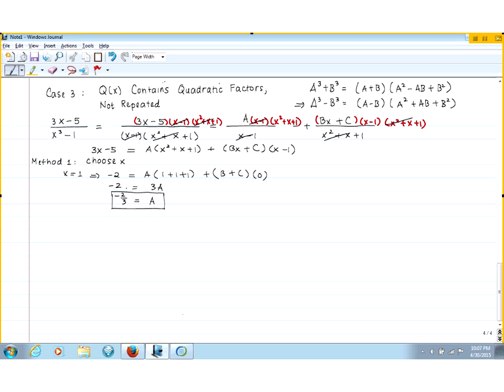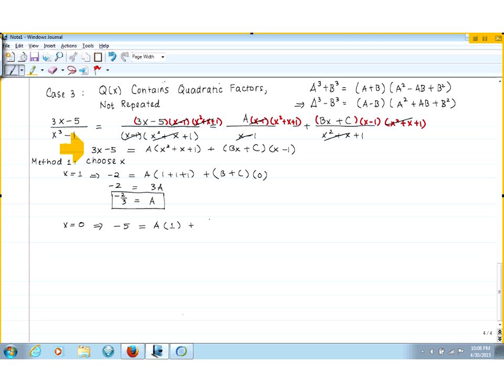Now, what about the b and c? If you want to stick with method 1, even though it doesn't make it 0, you could just find any other numbers. So maybe choose two more numbers. When x is equal to 0, it's always easy to calculate. The left-hand side, 3x minus 5, becomes negative 5 only.